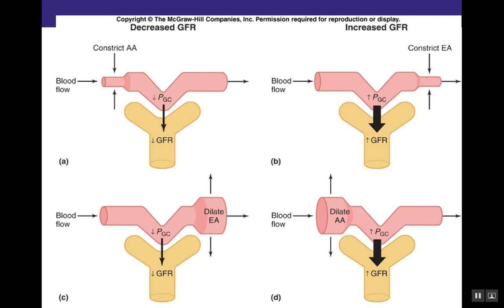If you dilate these afferent arterioles, the opposite occurs. You get an increase in the hydrostatic pressure in the glomerular capillaries and an increase in glomerular filtration rate. So just remember these plumbing concepts that we learned in the previous section on Intro to Renal Physiology.